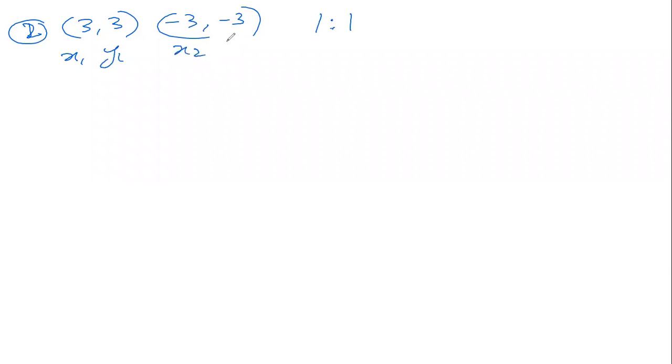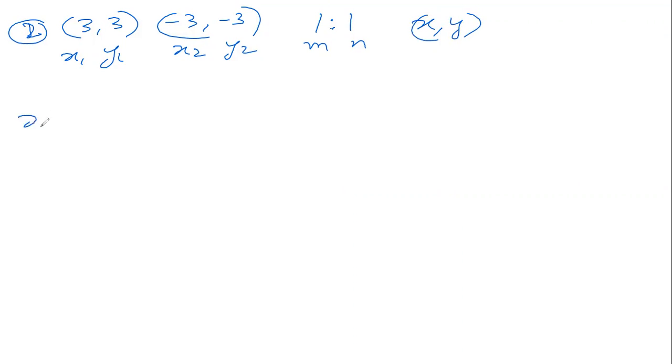In the second question, we were trying to find the section, right? The coordinates of a point which divides the line segment joining (3, 3) and (minus 3, minus 3) in the ratio 1:1. So this is x1, this is y1, this is x2, this is y2, this is m, and this is n. If we have to find that point, let that point be (x, y).